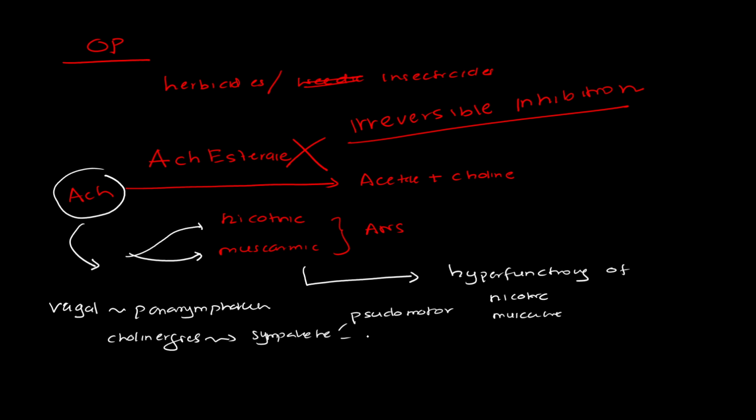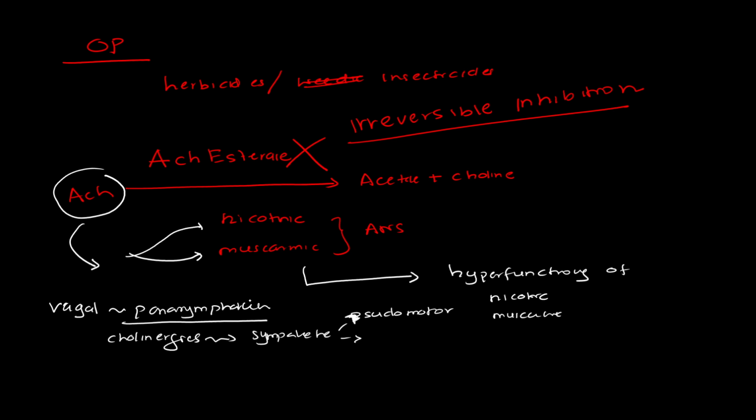Then there is sweat secretion. So these are a few of the things being carried out by cholinergics of the sympathetic. So what you would see, there will be hyperfunctioning of these two systems, parasympathetic especially.